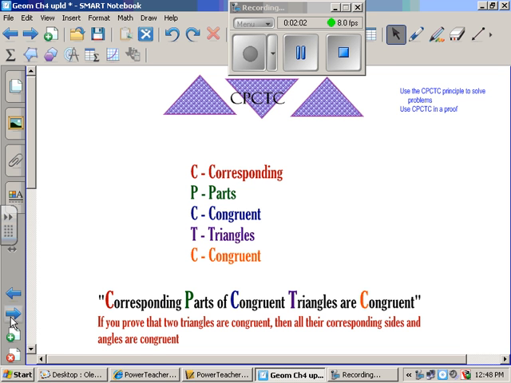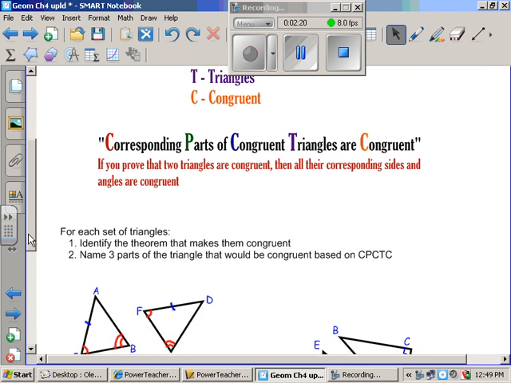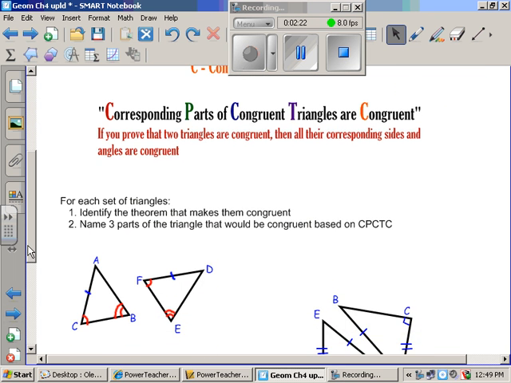So if you prove two triangles are congruent, then you can say all their corresponding sides and angles are congruent. So what that means is if I can prove that two triangles are congruent, then I'm allowed to say any other corresponding side or angle is also congruent.